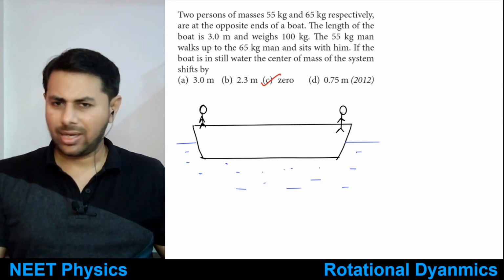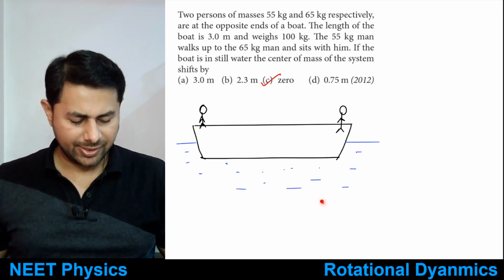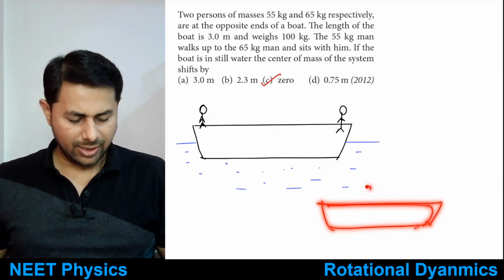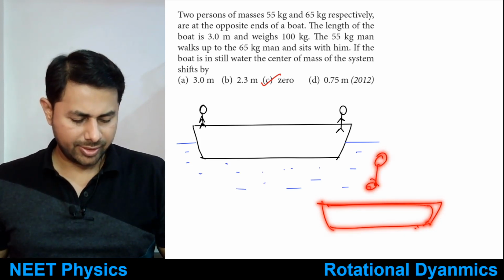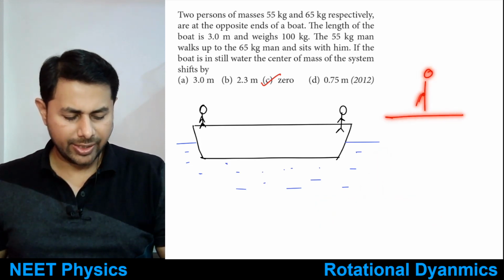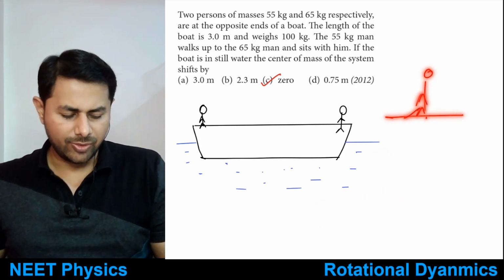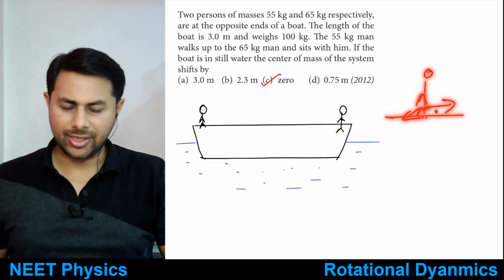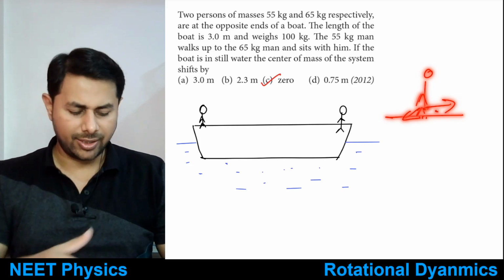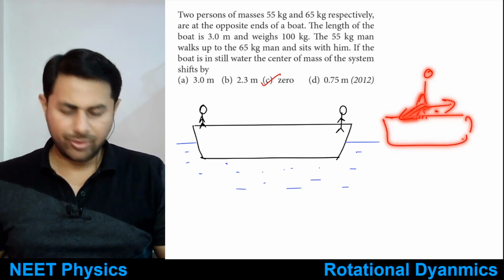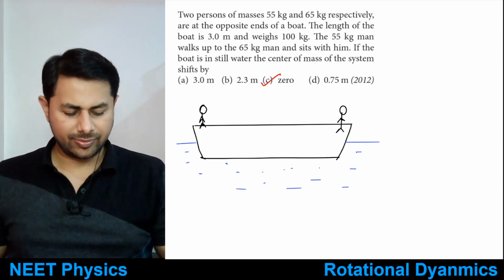Okay. So the answer is simple. See, what happens is you have this boat, and this man, suppose he walks, then in order to walk, what will he need to do? He pushes the boat in the backwards direction, then the boat pushes on him in the forward direction, and he walks to the other end. Because of that, there is a force on the boat in the backwards direction, and the boat itself will shift.